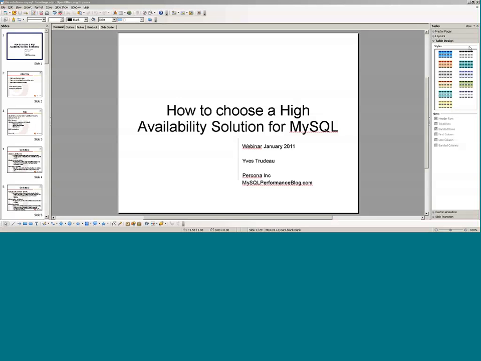It will probably be the best solution in terms of write scalability and read scalability. But if you have very complex joins and OLAP type queries, then NDB is probably not a good fit. For OLAP type queries, what I suggest is to have an InnoDB slave to the NDB cluster. It might lag behind, but you don't really care. What you want is that at some point in time you have a consistent database that you can query. It's possible to have a non-NDB slave to an NDB cluster.